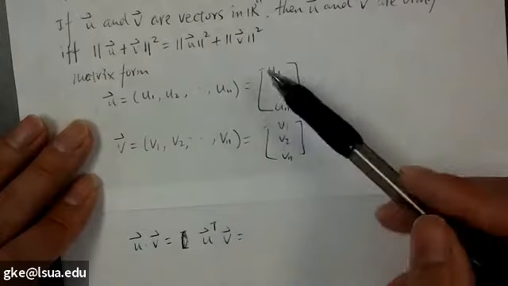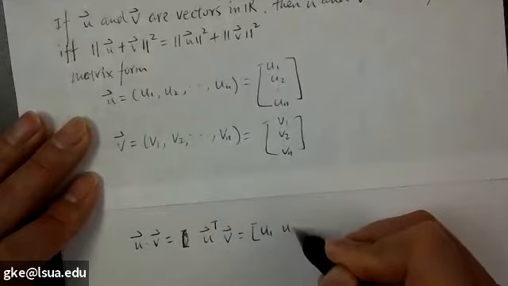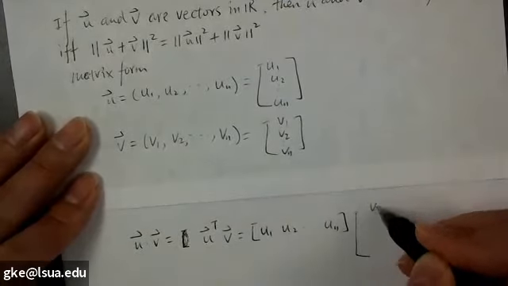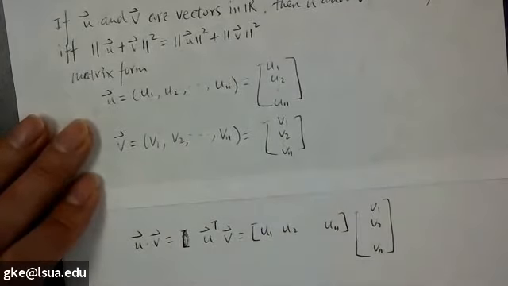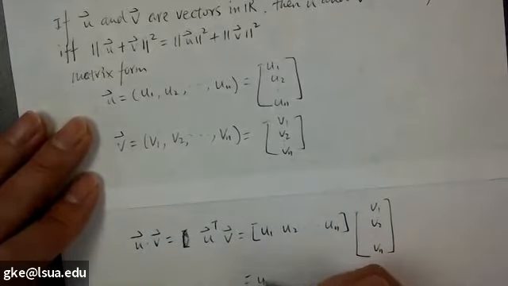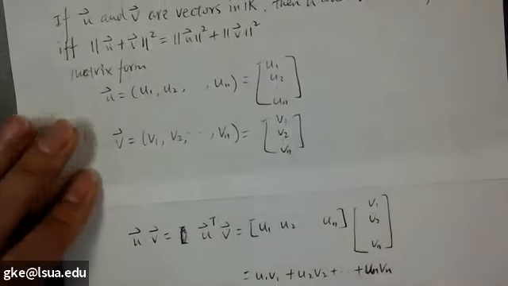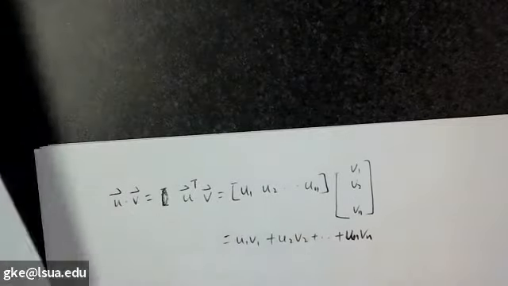If you transpose it, you get a row. And v is v1, v2. This boils down to u1 v1 plus u2 v2. Okay, that's it. So that's the inner product, and we use the matrix form to express the inner product.